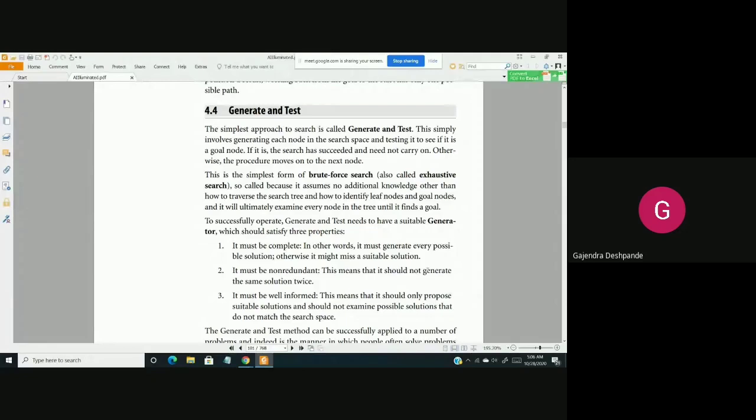So the best example we can take, which you can relate to easily, is debugging your programs in the labs or in your exams. Let's assume that you have written a C program and you have compiled it and you have got a sequence of errors.